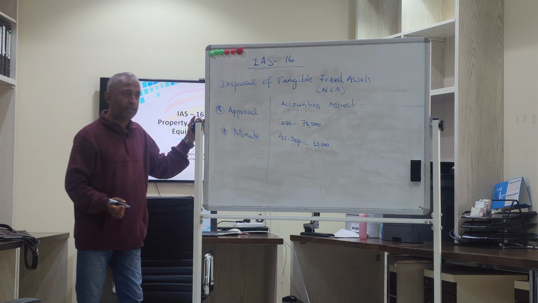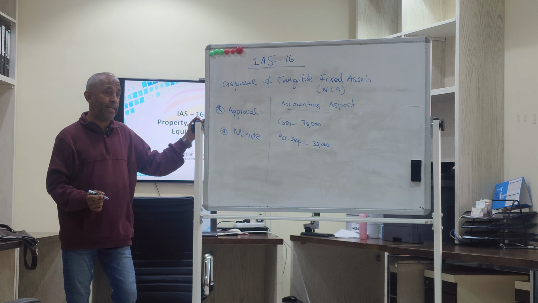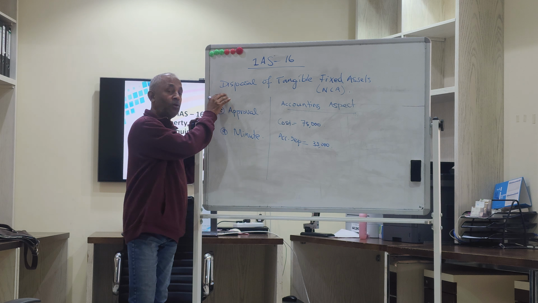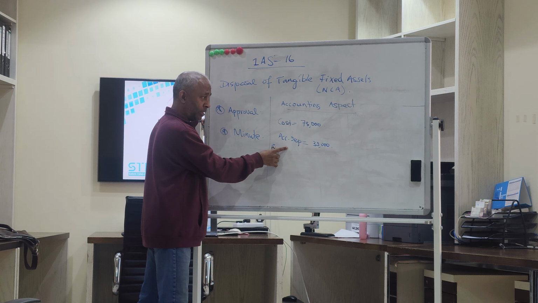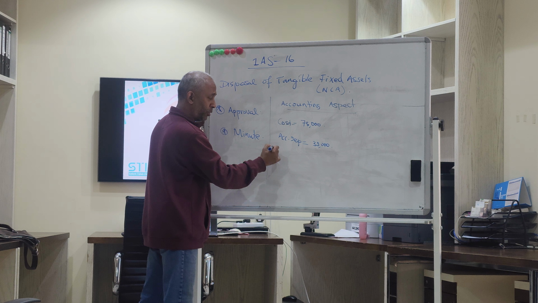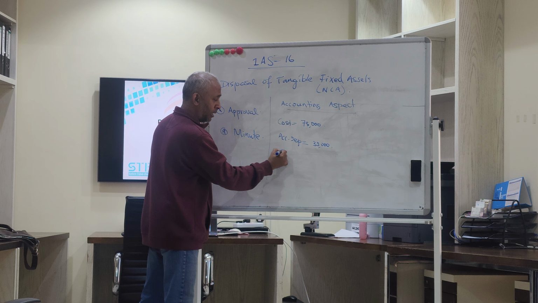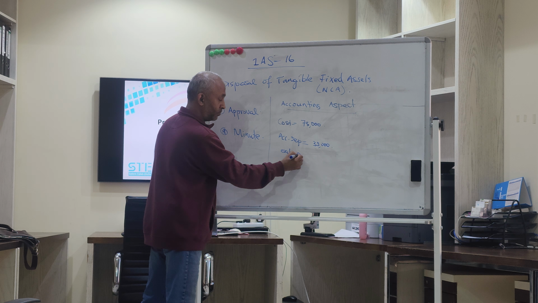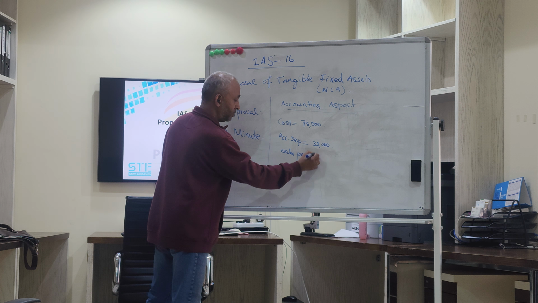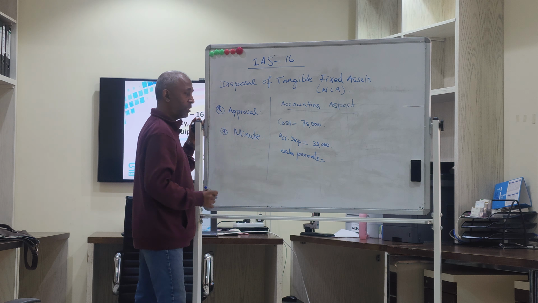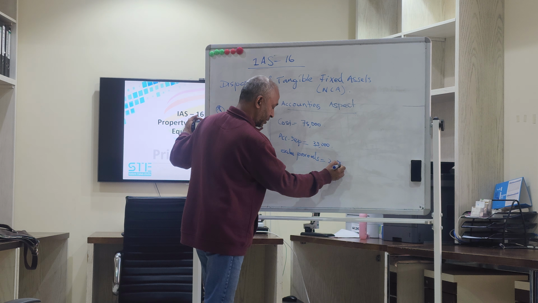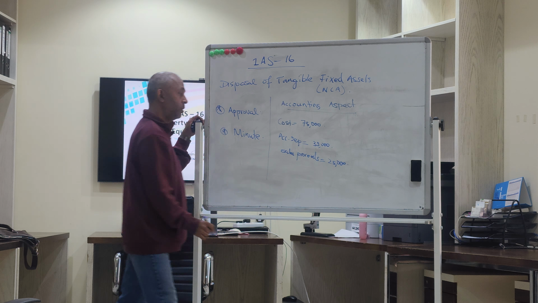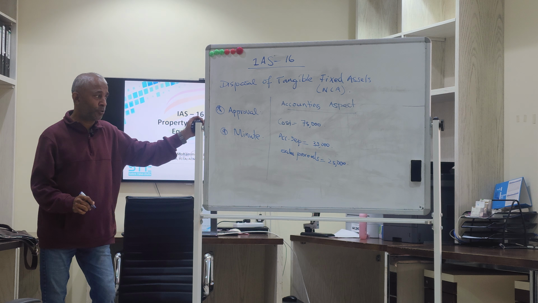And now the company decides to dispose or sell. The meaning of disposal is sell. I hope everyone knows that. We decide to dispose this asset, and we found a buyer who is purchasing. Sales proceeds will be $25,000. Now, can we calculate the profit or loss on disposal?